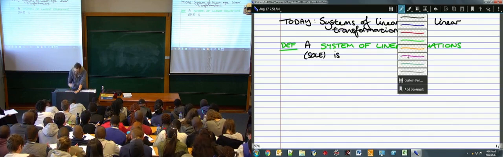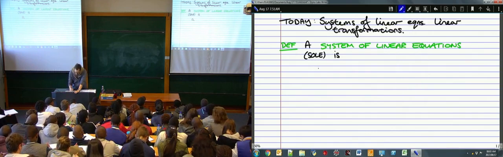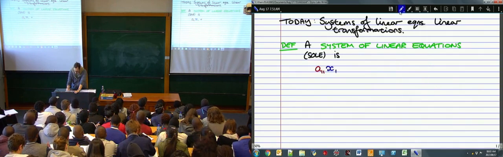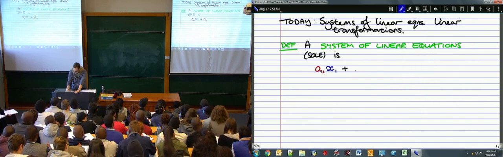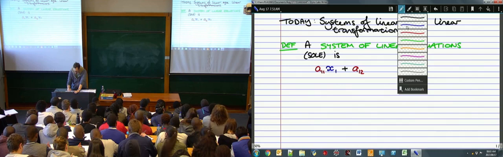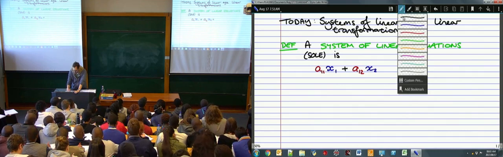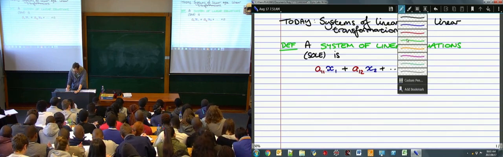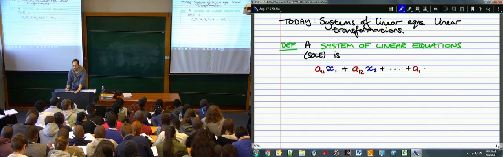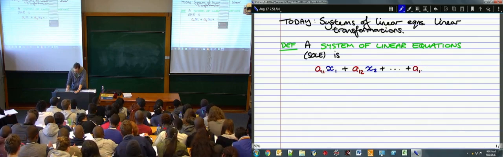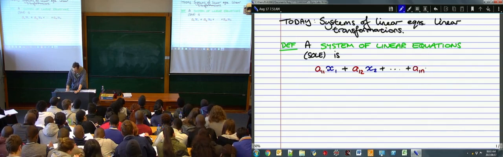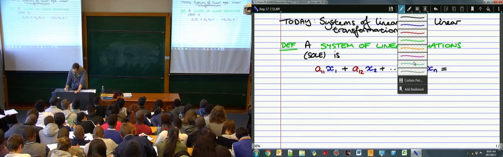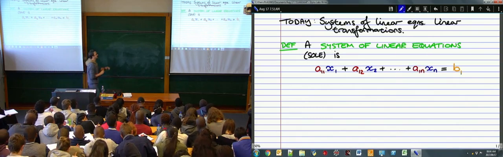It'll be A11 multiplied by x1 plus A12 multiplied by x2 plus A13 multiplied by x3 plus up to A1n multiplied by xn, and that'll be equal to, let's call it b1.